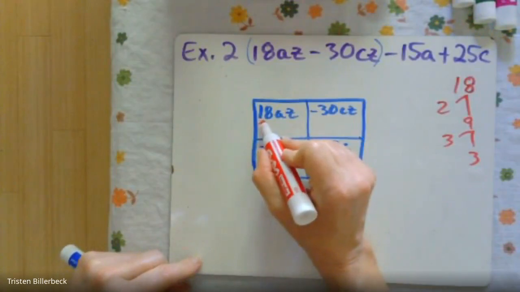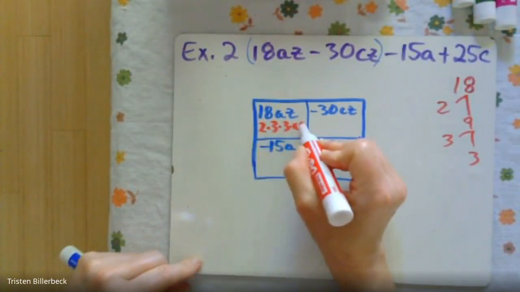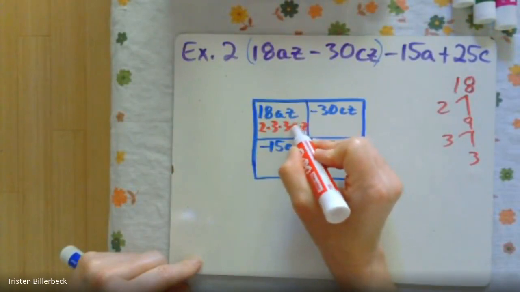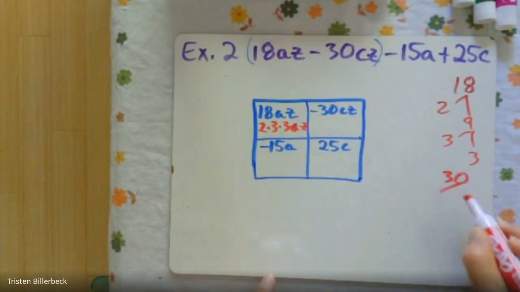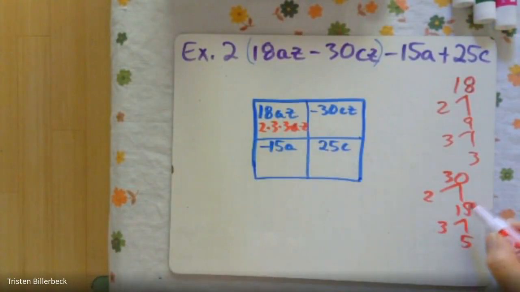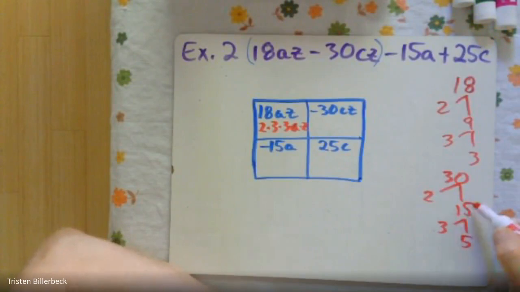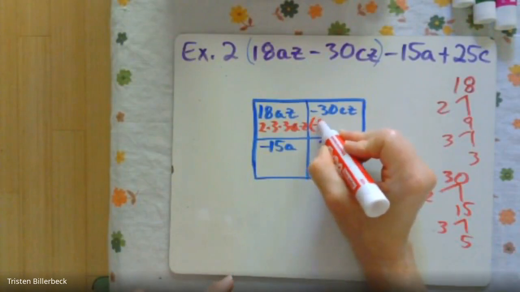We have already done that one: 2 times 3 times 3 times a times z. Okay, 30 prime factorized. We haven't done that one. So that's 2, and we have 15, then 3 and 5, because 1 plus 5 is 6, and 6 is divisible by 3. And we also have a negative 1.